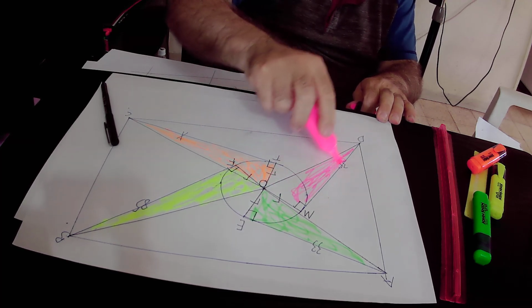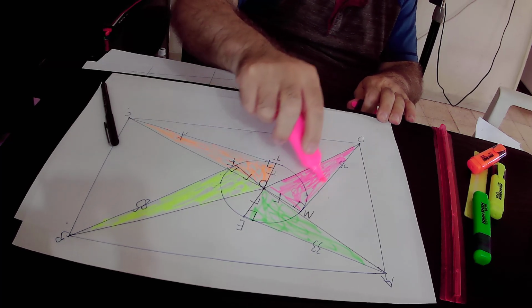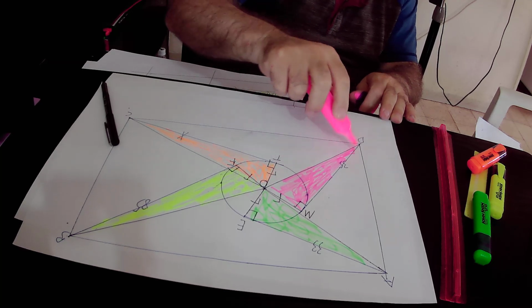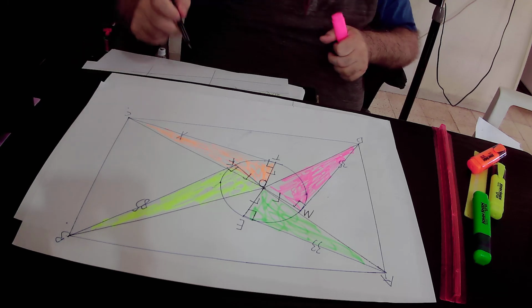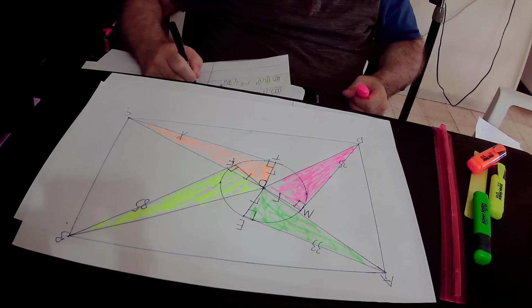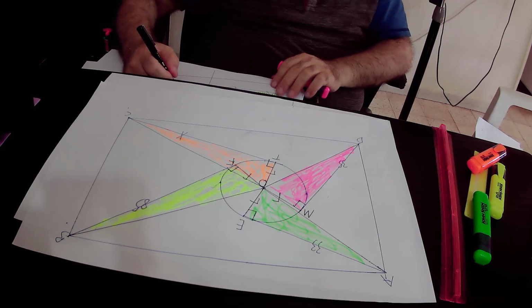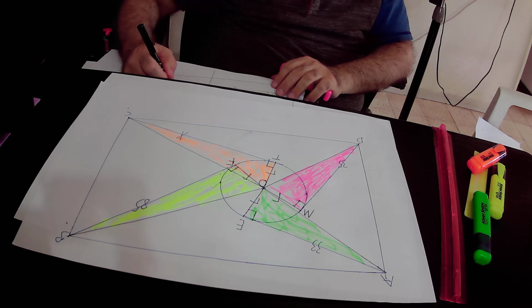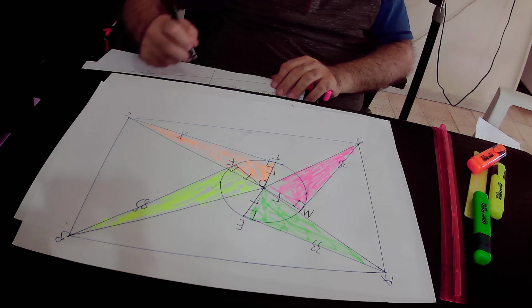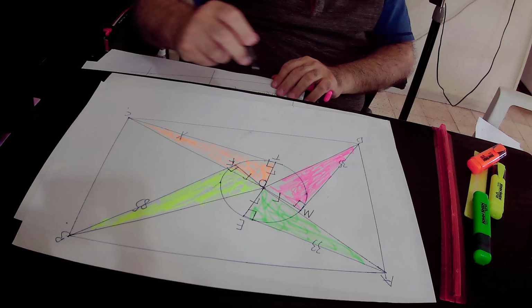In the pink right triangle MOD, according to the Pythagoras theorem, DO squared equals MO squared plus DM squared.